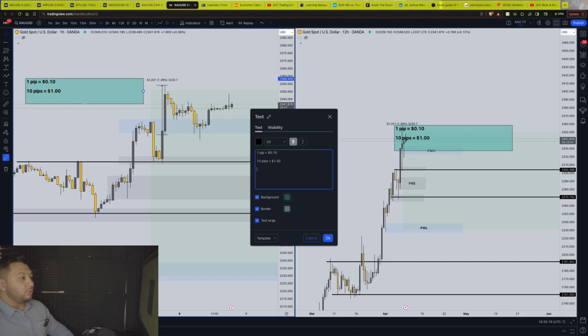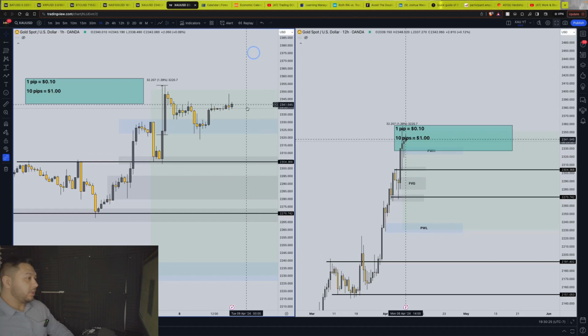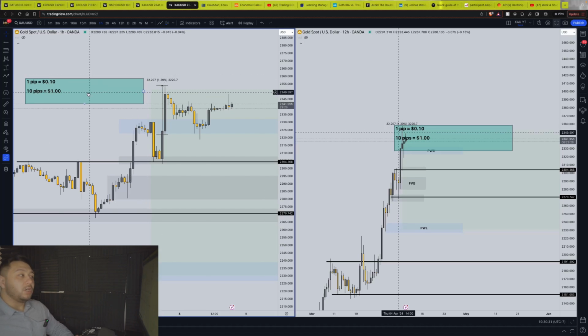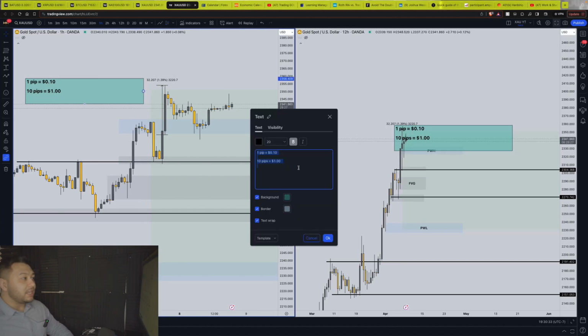All right, so if gold moved from $2,342, where price is just currently at right here, and went down to $2,341, a $1 movement, that is equal to 10 pips. Okay, so on a 0.1 lot, that is equal to $10, because on the 0.1 lot, it is $1 per pip. That's the calculation for that lot size.